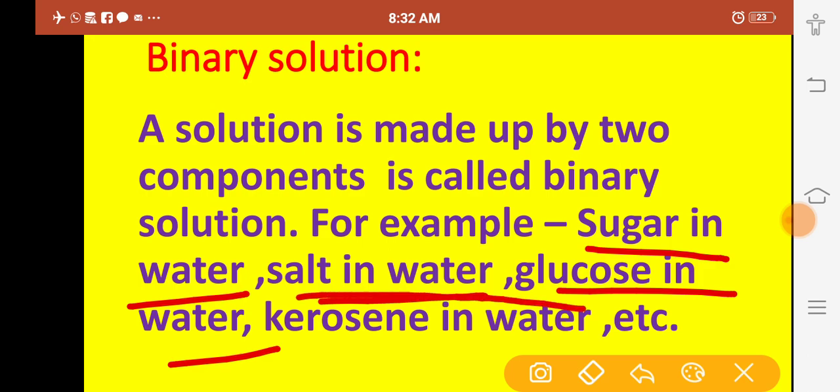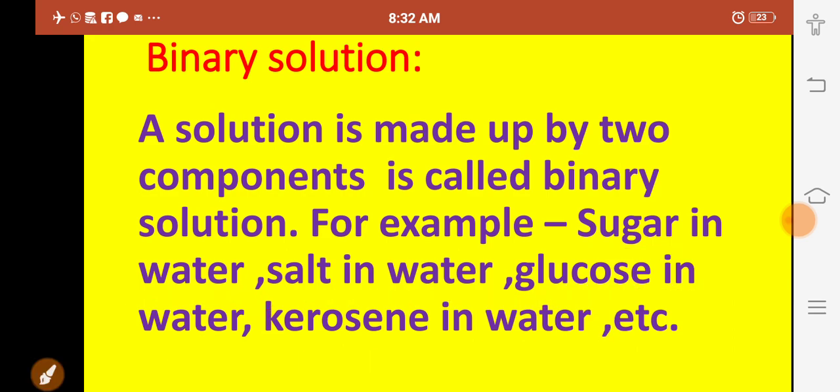But kerosene in water is not an example of a true solution. It will come under the heterogeneous solution. I have given this one so that you know about the heterogeneous solution also. You should know some examples of heterogeneous solutions.